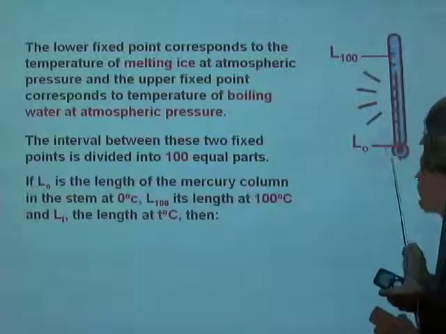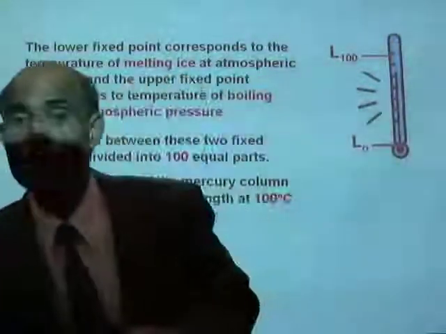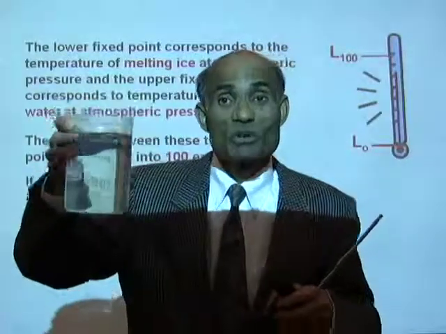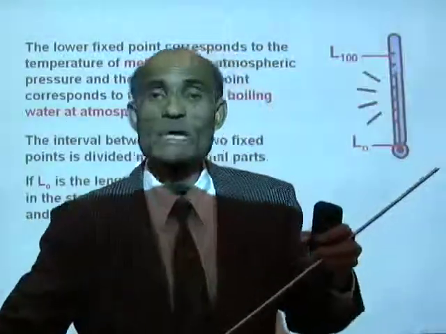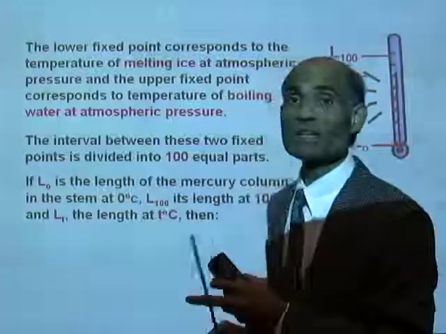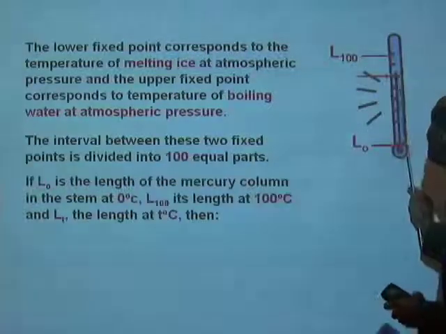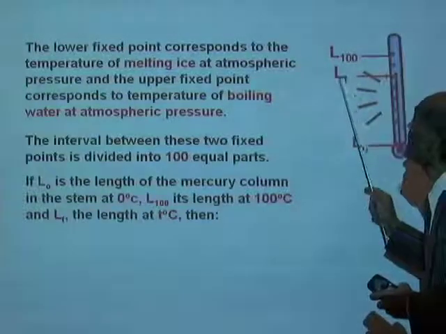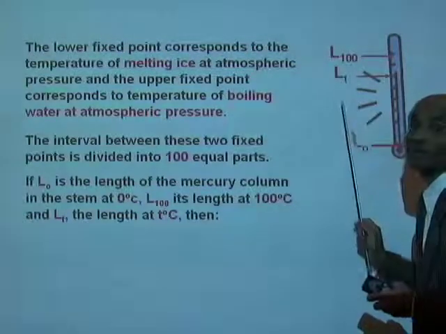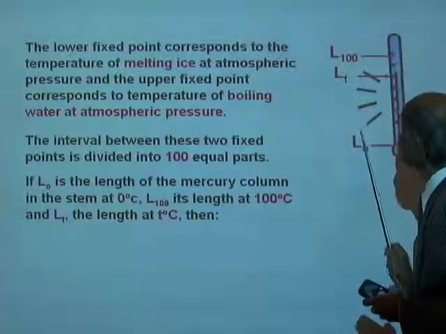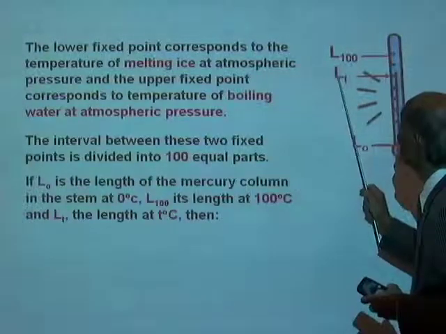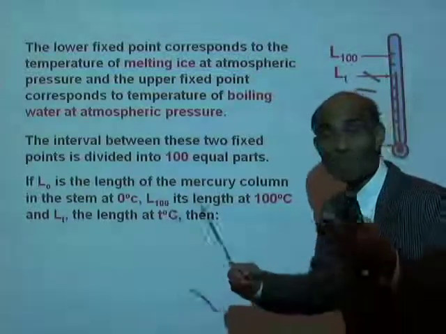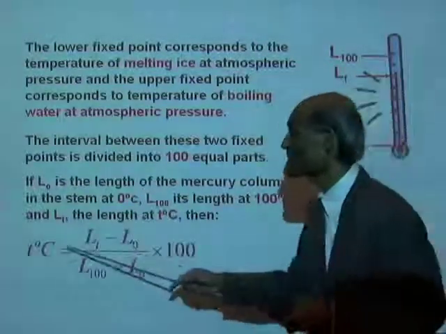And suppose you want to measure the temperature of this water. What you need to do is put the thermometer bulb inside there, and suppose the level of mercury comes here. We will call it L sub T. Now, L0, L100, L sub T are all related, and we can write a relationship like this.